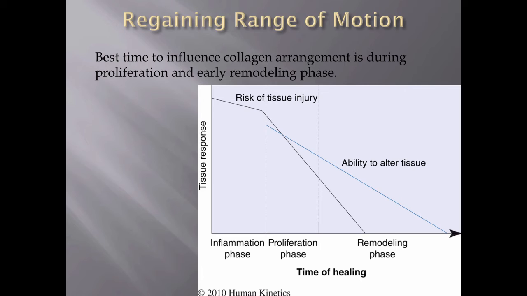So the risk of tissue injury is pretty high during the inflammatory phase. So we have to be careful with those folks. But then as they move into the proliferation phase towards the remodeling phase, you can start getting more and more aggressive with them. And that's when we have the greatest ability to alter tissue. So we can influence the collagen arrangement during this time without fear of injury or prolonging their recovery.